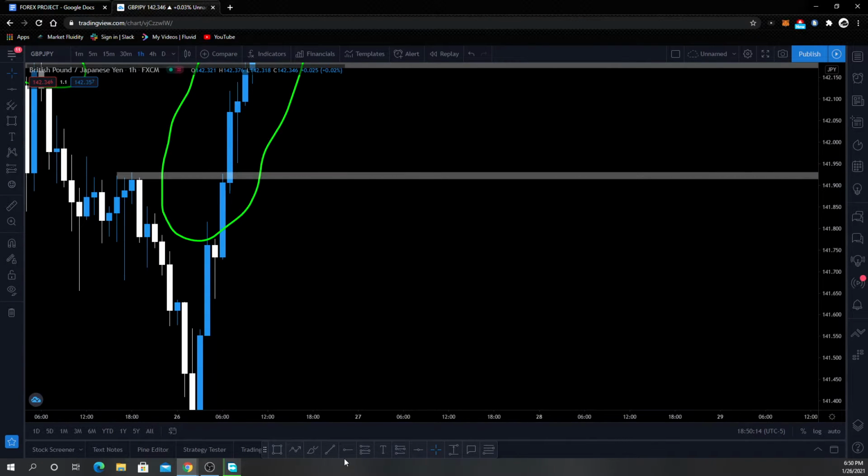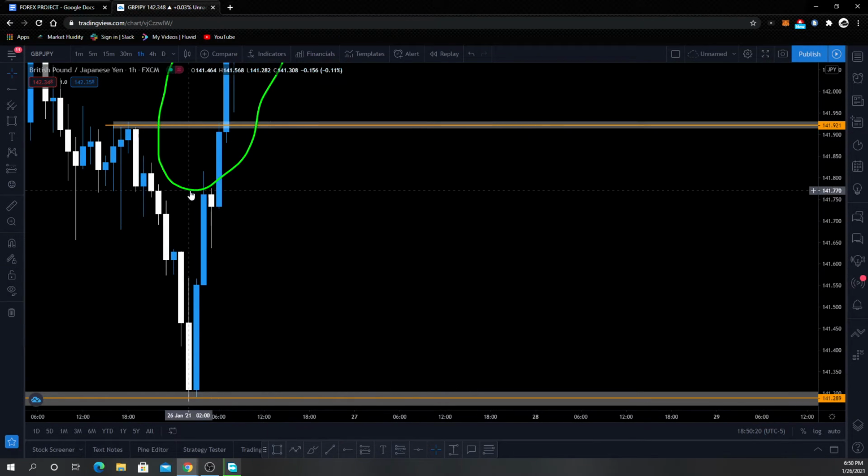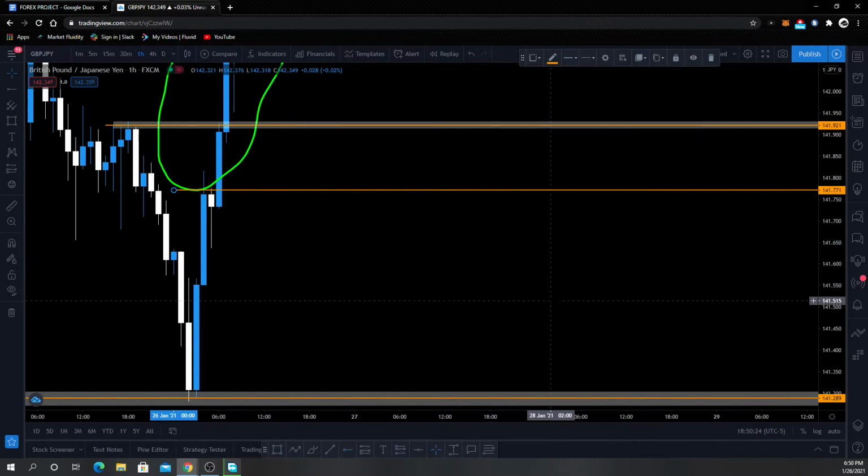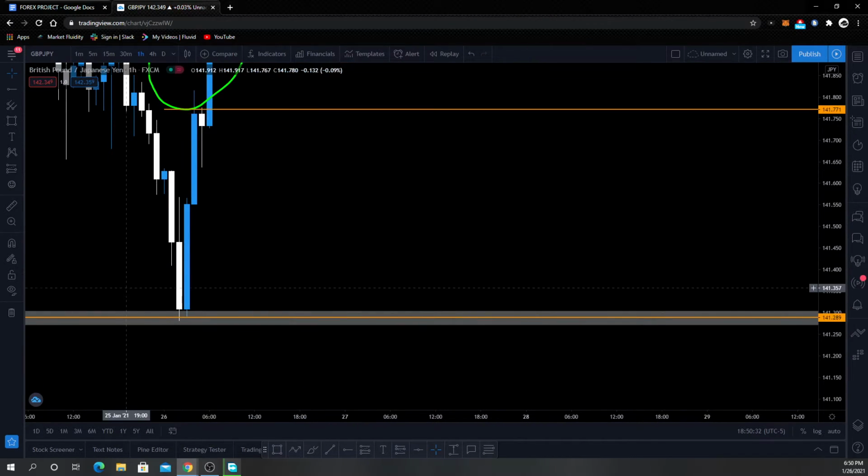The first level at 141,920 and the second level at 141,770, and then our maximum level, which is all the way at the bottom, at 141,290.